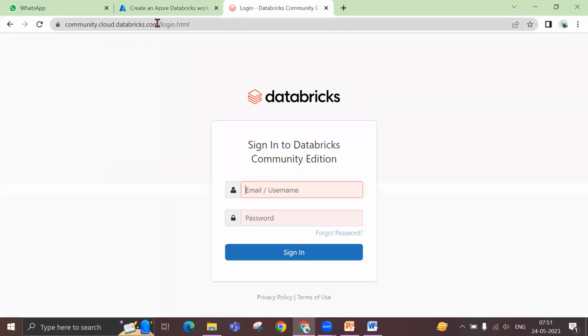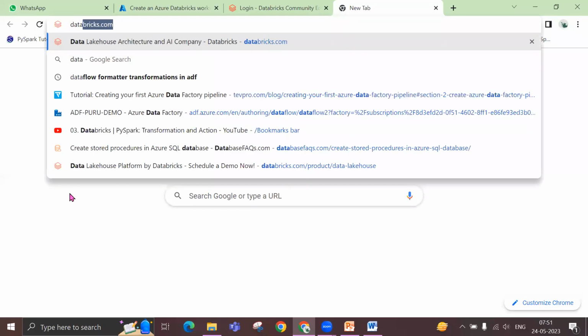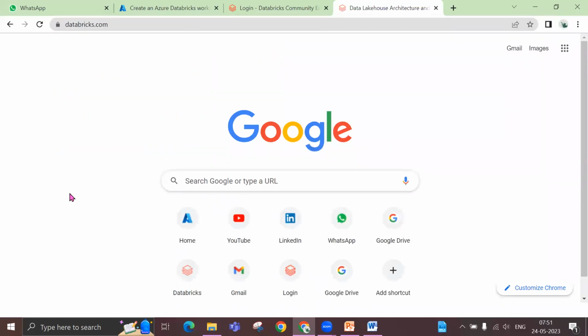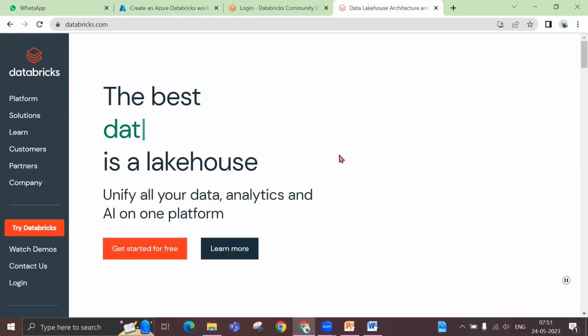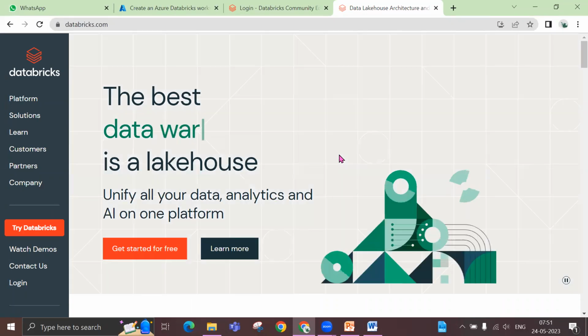See, Databricks is a company basically. So let me talk about that before we get into here, right? So Databricks is basically an analytical platform, and it was created by the inventors of Spark.